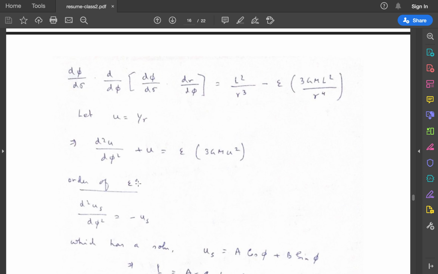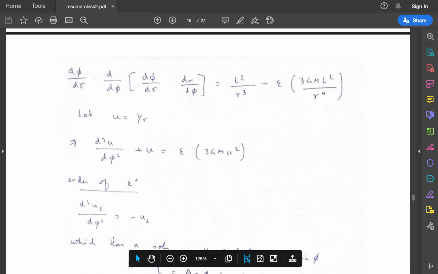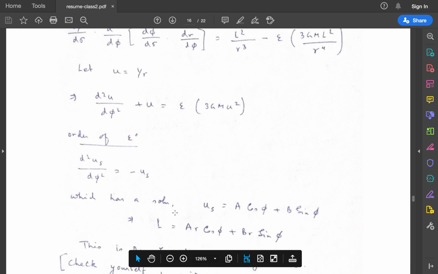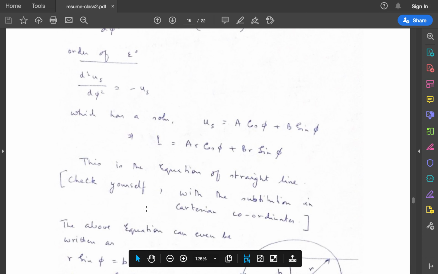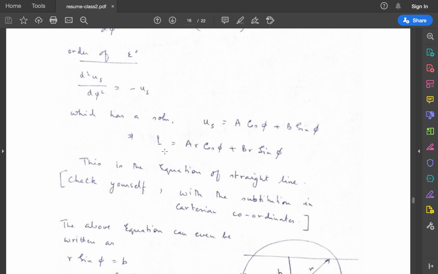So for the order of epsilon 0, that means epsilon equal to 0, we have this equation; let us call this the special relativistic equation, with solution denoted by u_S. The solution is u_S equals A cos phi plus B sin phi, or 1 over r equals A cos phi plus B sin phi. This can even be written in terms of a single parameter, absorbing it into sin phi.